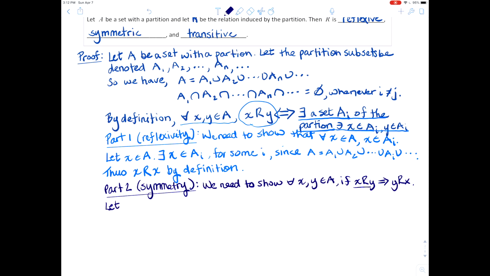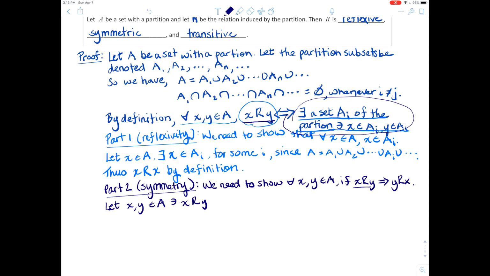We're going to let x and y belong to A, but we're going to put this condition on it, so that symbol means such that x R y. So now in the case of this proof, we're assuming this, right? And we're going to need to show this one.